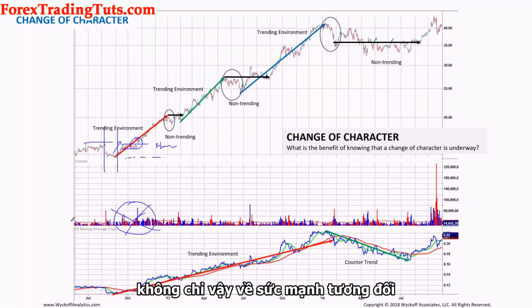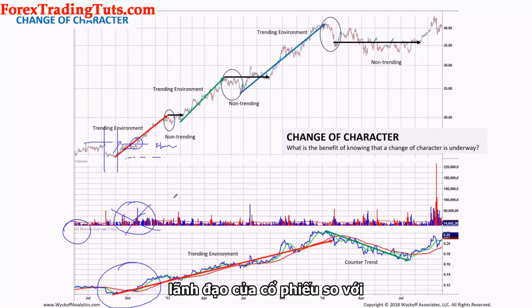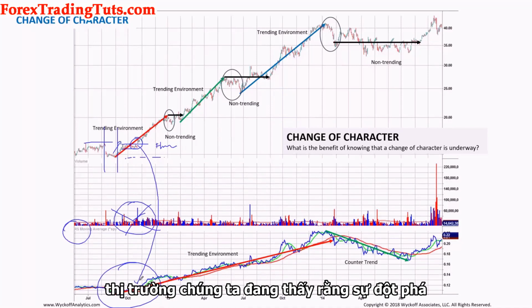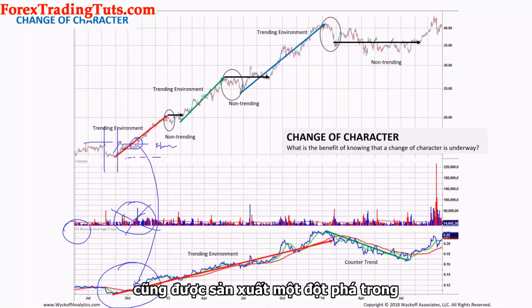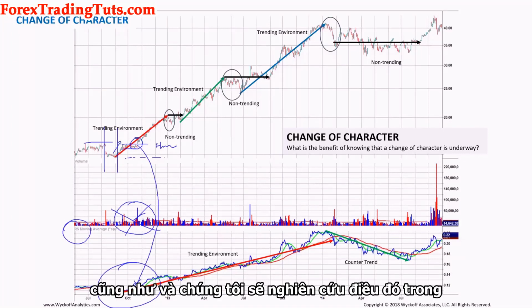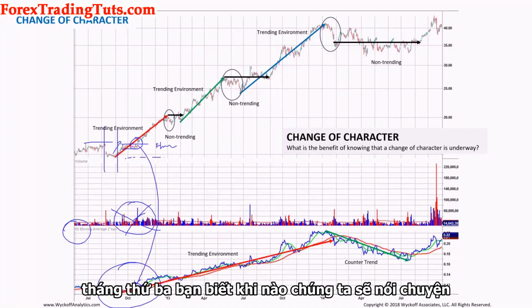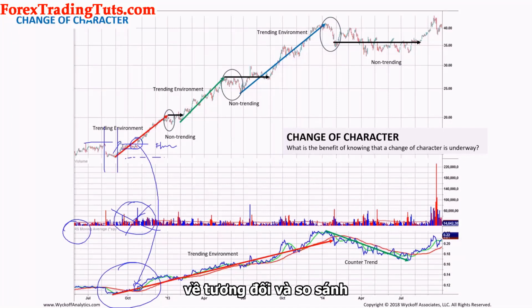Not only that, on the relative strength ratio line, which basically shows the leadership of the stock relative to the market, we're seeing that the breakout produced also a breakout in the leadership, which is a confirming sign as well. And we will study that in the third month, when we'll talk about the relative and comparative performance.